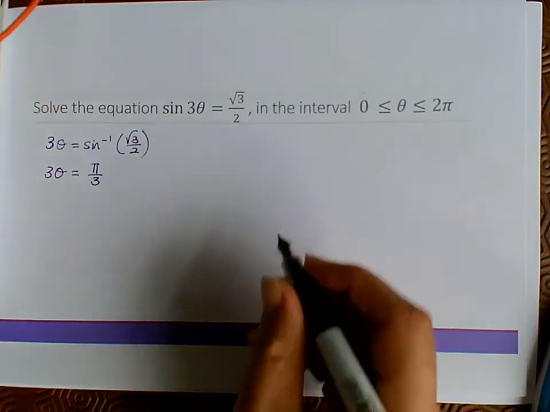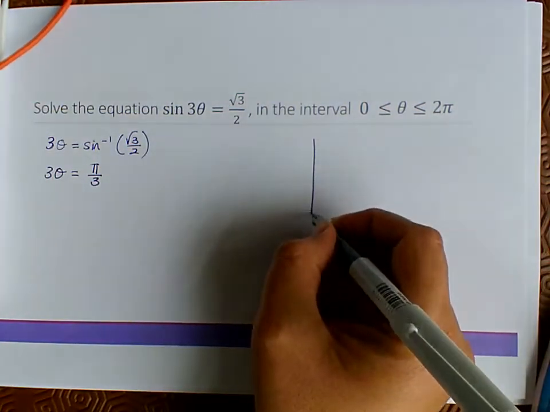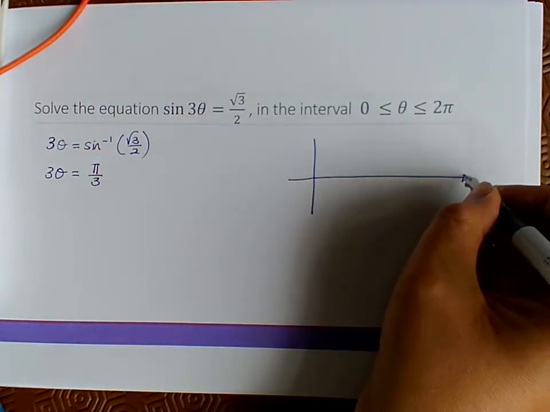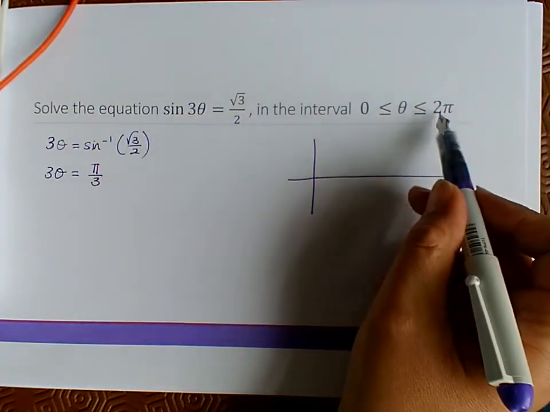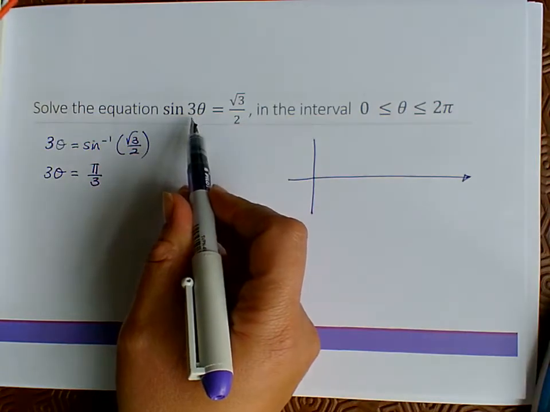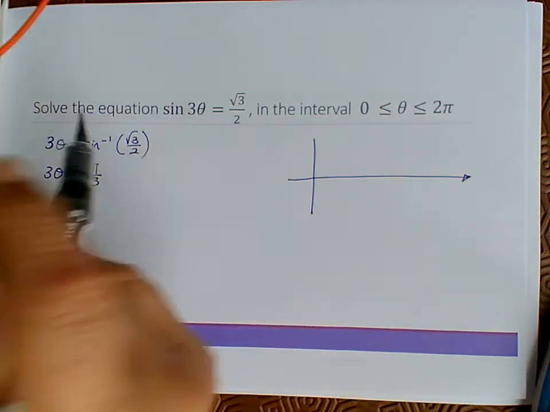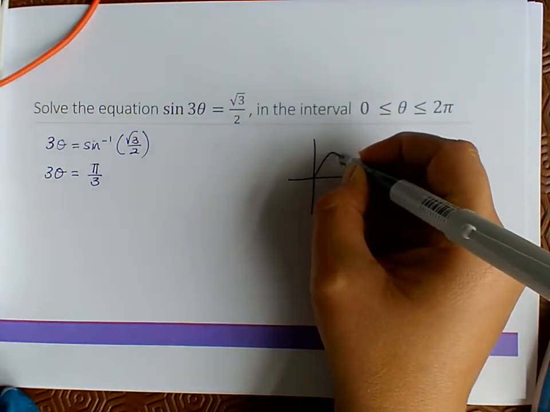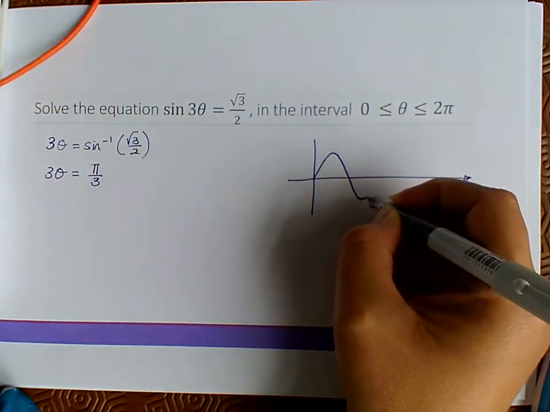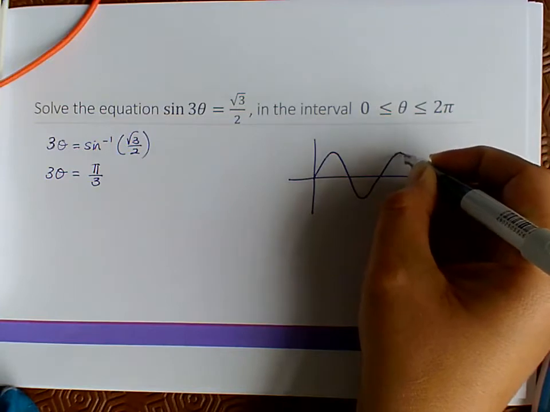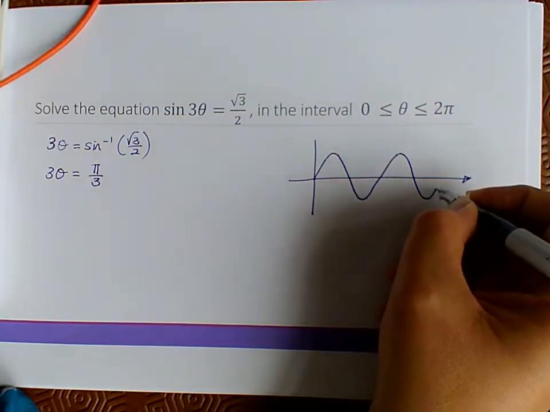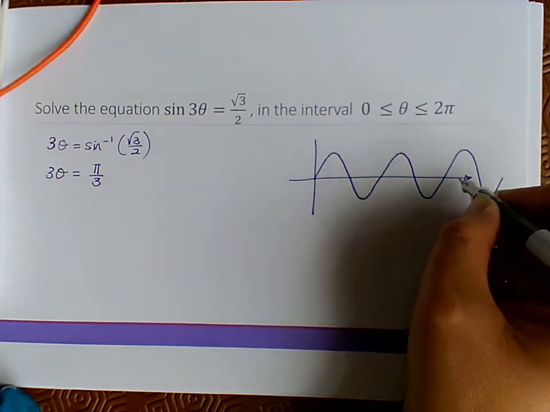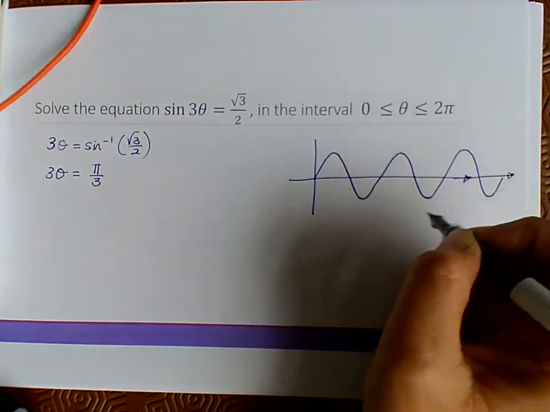Now at this point, I'm going to draw my sine graph. Now it's 0 to 2 pi, but I'm going to divide all my answers by 3, which means actually I'm going to go from 0 to 6 pi. So that's 0 to 2 pi, and then again, and I'm going to run out of space, so that needs to carry on.